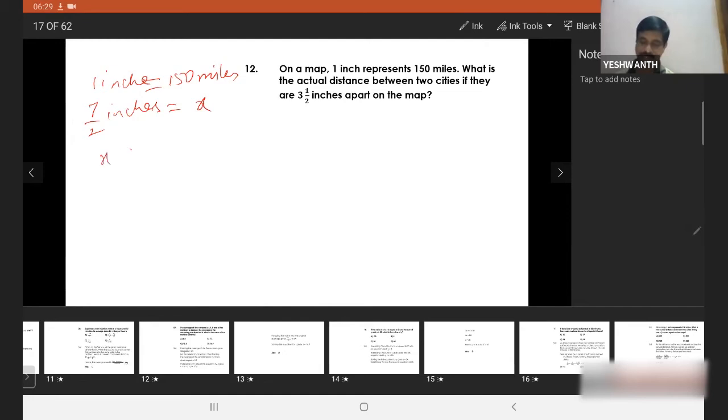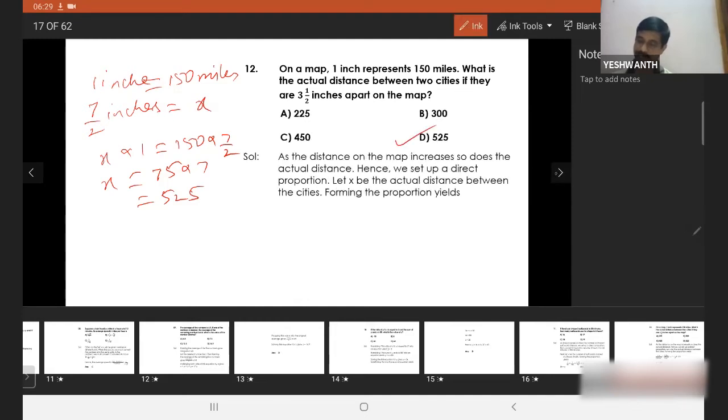So this is x into 1 equal to 150 into 7 by 2, right? So what is x equal to? 75 into 7. So this is 525. Option B. Please note it fast, quick.